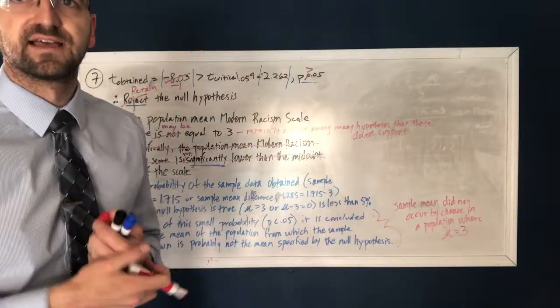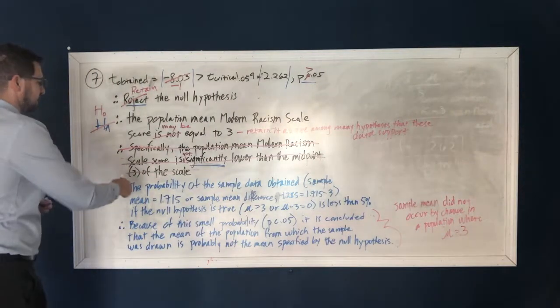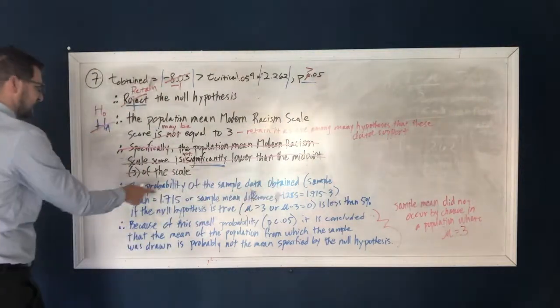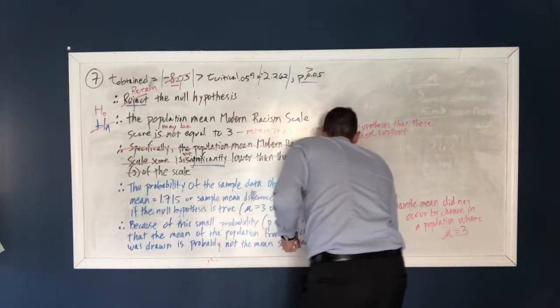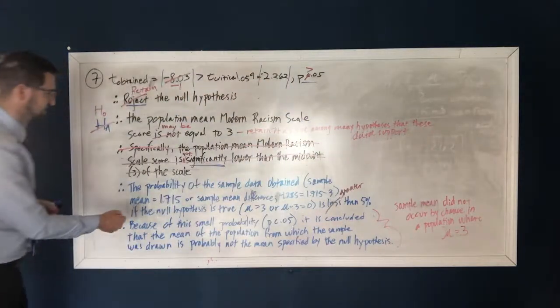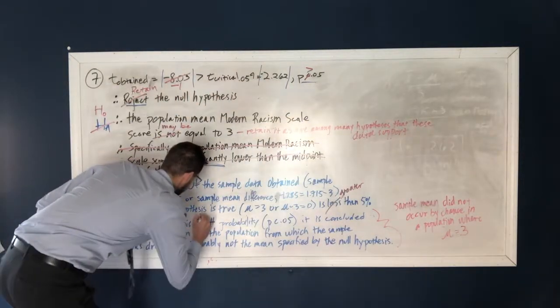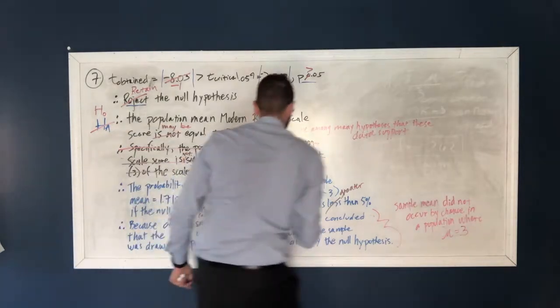So that's a good statement. That works out. Okay, the probability of the sample data obtained, if the null hypothesis is true, right? It's going to be greater than 5% because of this large probability. P is greater than 0.05.